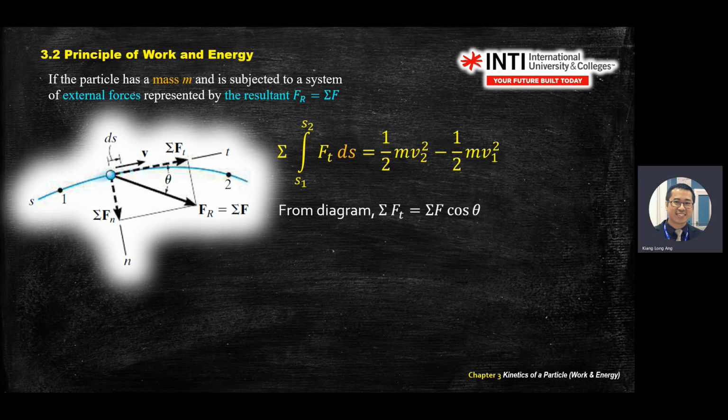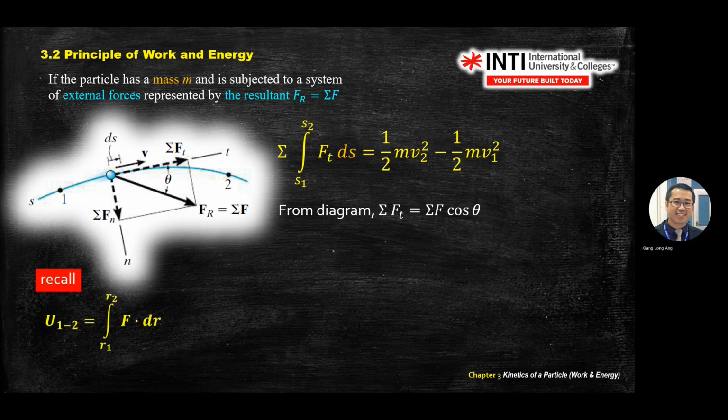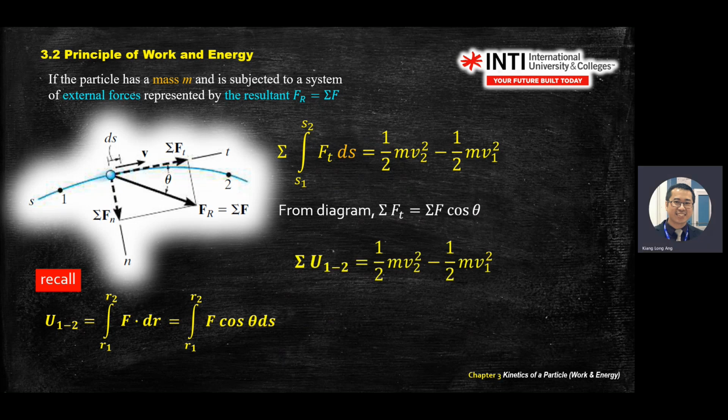So if you use this diagram, your free body diagram, your Ft is your F cos theta, right? So your force in tangent direction is F cos theta. You recall the definition of work in the R and the S just now. You substitute back. So this one, force and distance become work, and it becomes the change of kinetic energy.